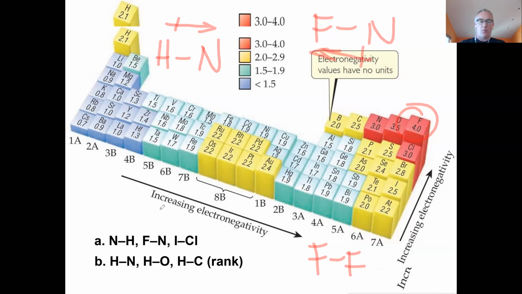So that way. What about an iodine-chlorine bond? Here I've got my iodine, here I've got my chlorine, and that can form. Iodine is a big atom, and so you can steal electrons from it. So which direction would the arrow point? Or would there be an arrow?